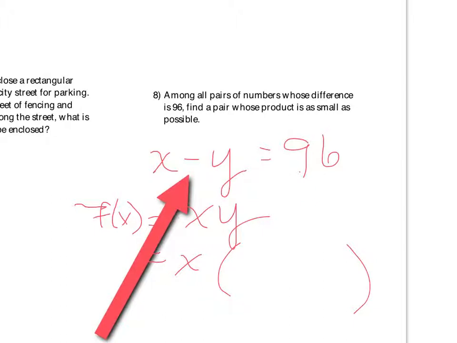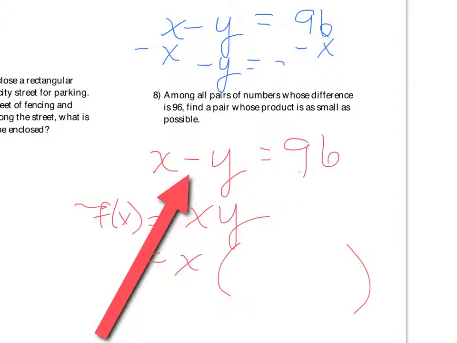You can do that in a couple different ways. Here's how I would do it. I like my y's always on the left for some reason. I would move my x over. Just be careful. If you move your x over, you still have a negative in front of the y.